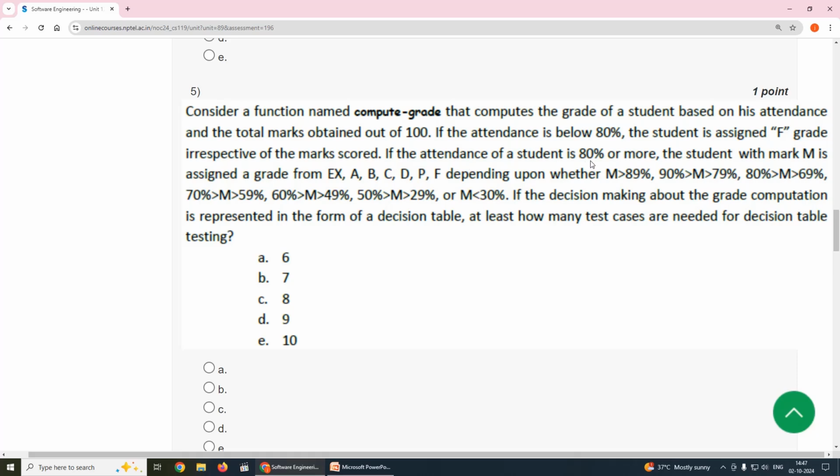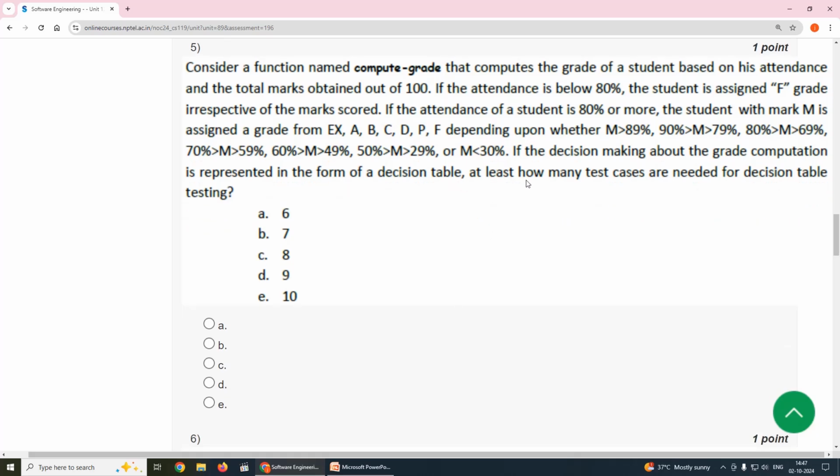If the attendance of a student is 80% or more, the student with the mark M is assigned a grade from EX extraordinary, A, B, C, D, P and F, depending upon whether M is greater than 99, or 90 is greater than M and M is greater than 79, 80 is greater than M and M is greater than 69, 70 is greater than M and M is greater than 59, 60 is greater than M and M is greater than 49, 50 is greater than M and M is greater than 29, or M is less than 30.